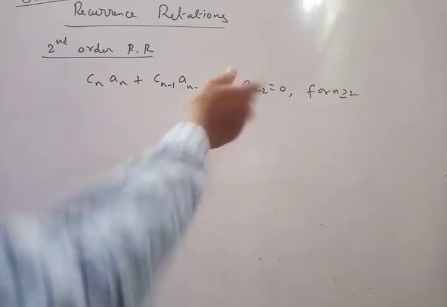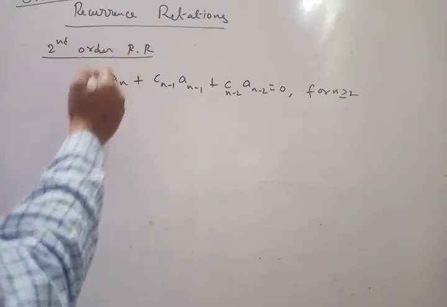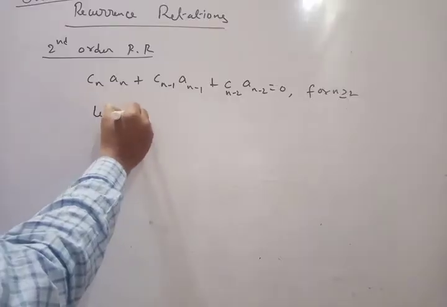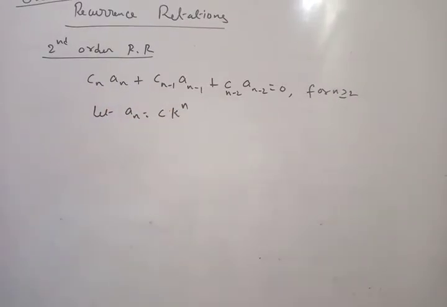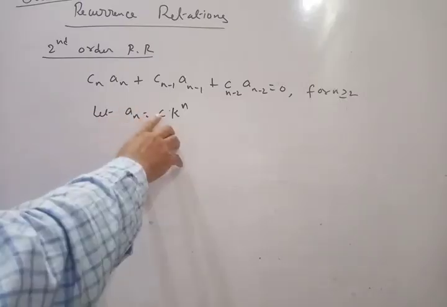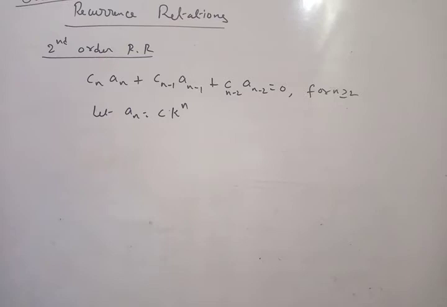Okay, then how to solve this second order recurrence relation? To solve it, let a_n = c k^n, where c is not equal to 0 and k also is not equal to 0.